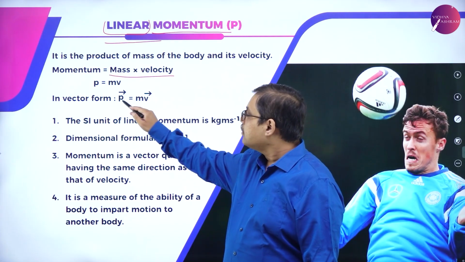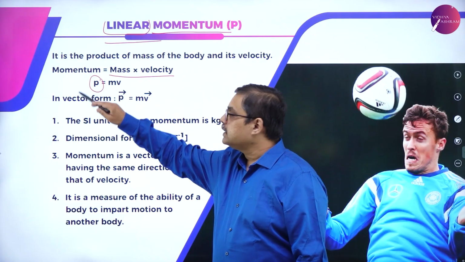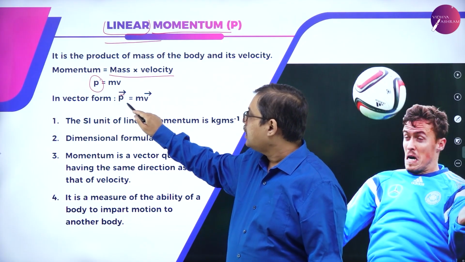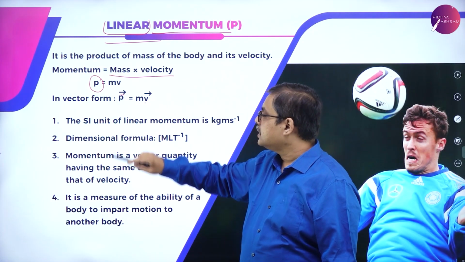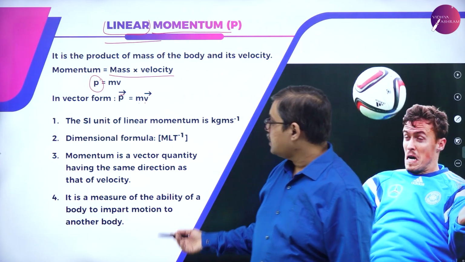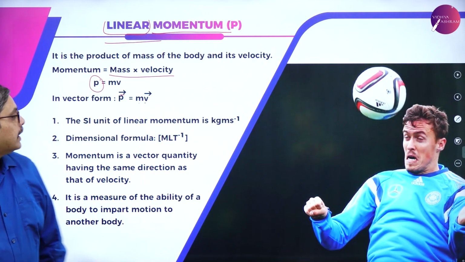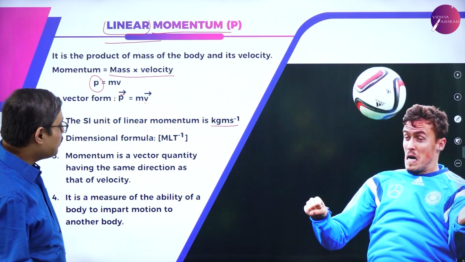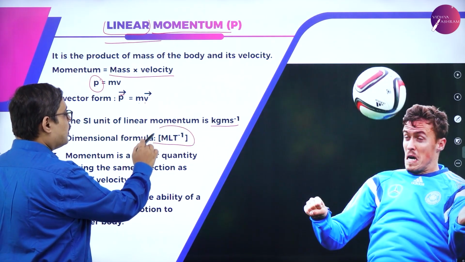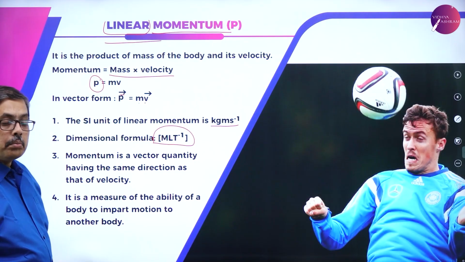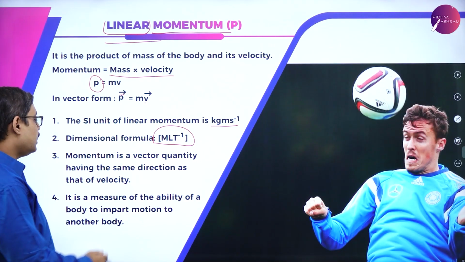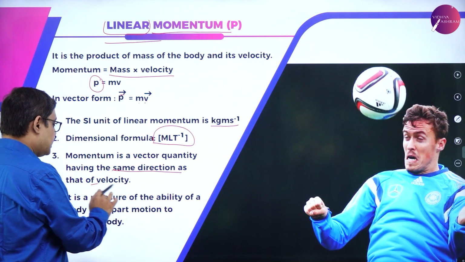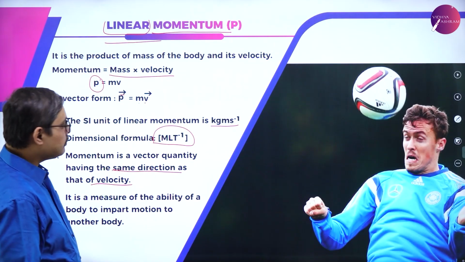In vector form, momentum is represented by P with an arrowhead, equal to mass into velocity. The SI unit of momentum is kg meter per second and the dimensional formula is MLT to the power minus 1. Momentum being a vector quantity will have the same direction as that of velocity.